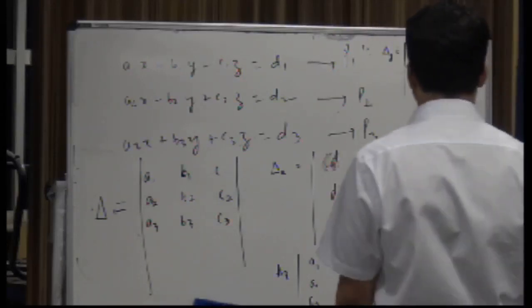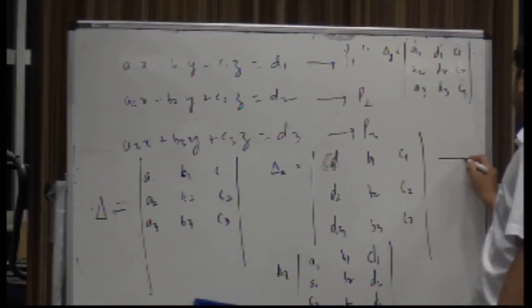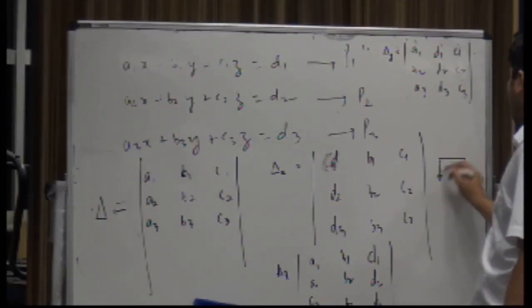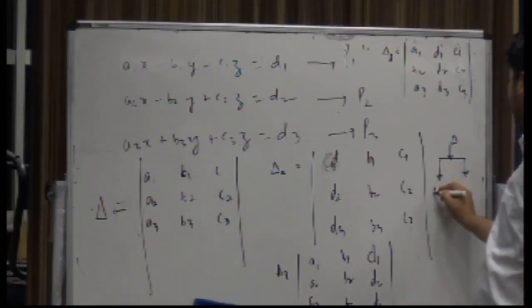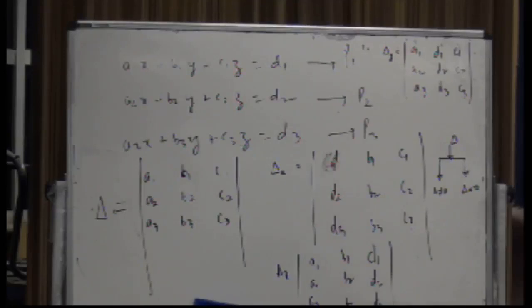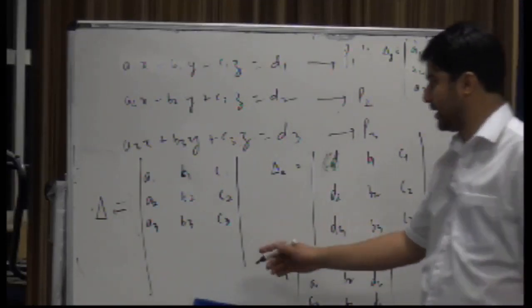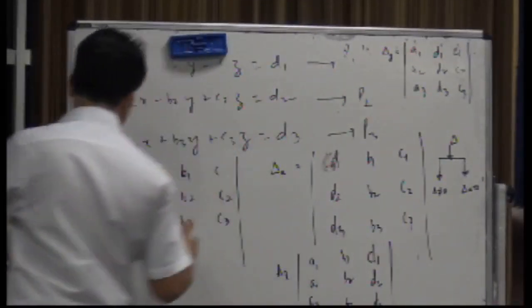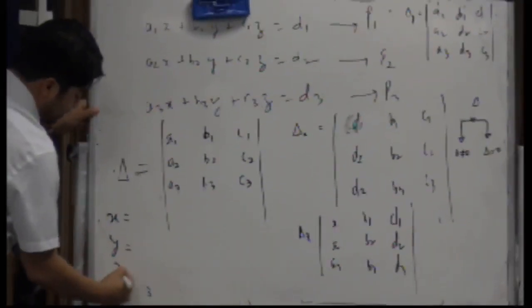Now for delta, whatever you have found, there will be 2 cases. You found delta. Delta is either not equal to 0 or equal to 0. So when delta is not equal to 0, what is the solution? One solution, because now I am going to find x, y and z.